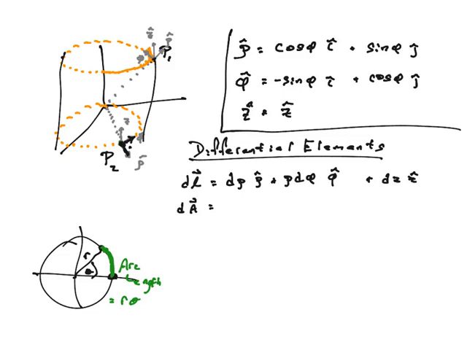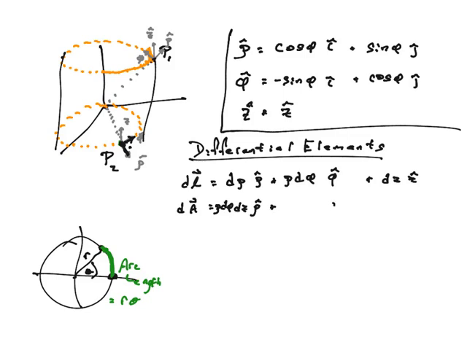So in the rho hat direction, all we have to do is look at the phi change and the z change. The phi changed by rho d phi, and z changed by dz. So rho d phi dz is the area, and the direction of that area is the rho hat direction.